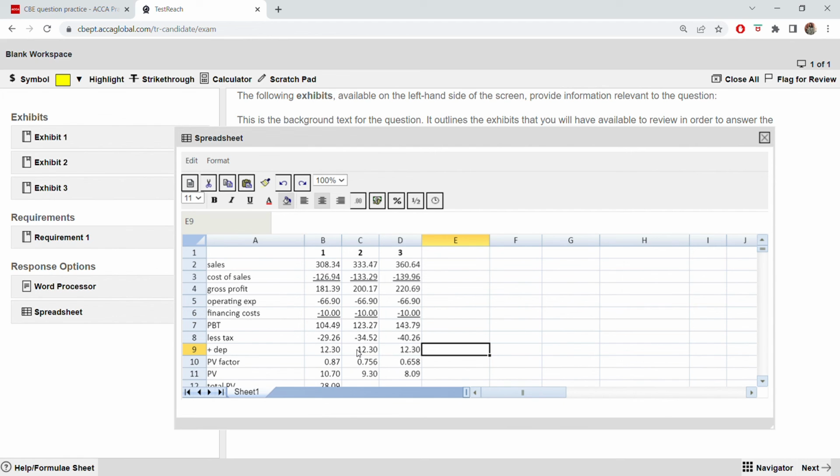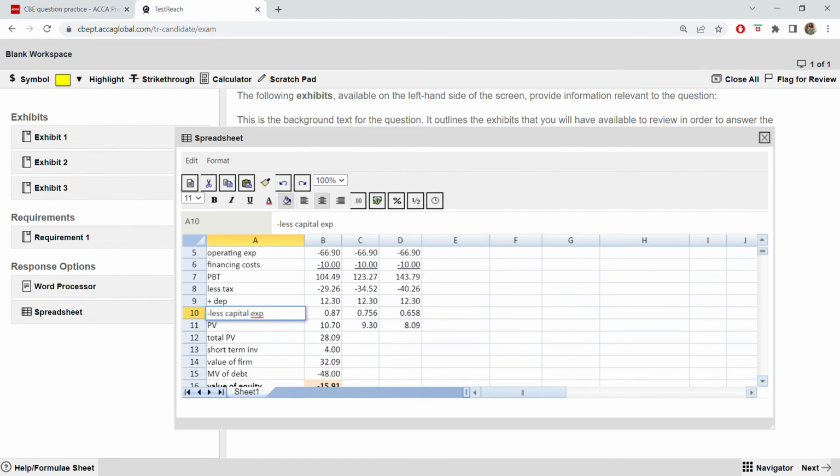Then what do we have? Less capital expenses. Basically all expenses, capital expenses and all you deduct. Working expenses you deduct. That's what you do after you add depreciation back. Less capital expense, which is also constant. Even working capital is constant. That's working capital.